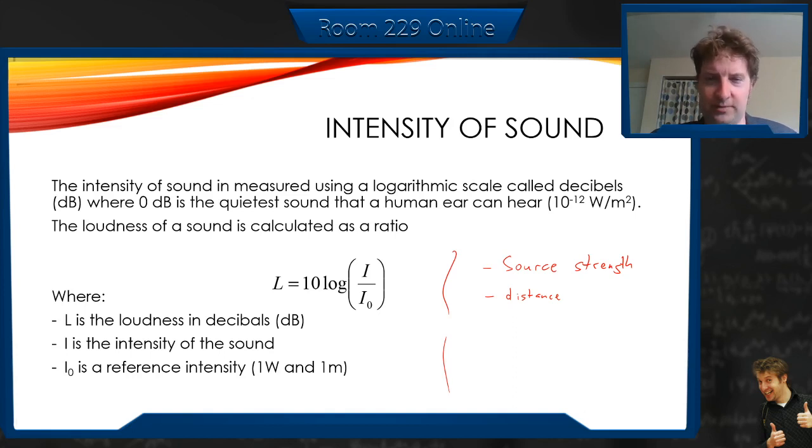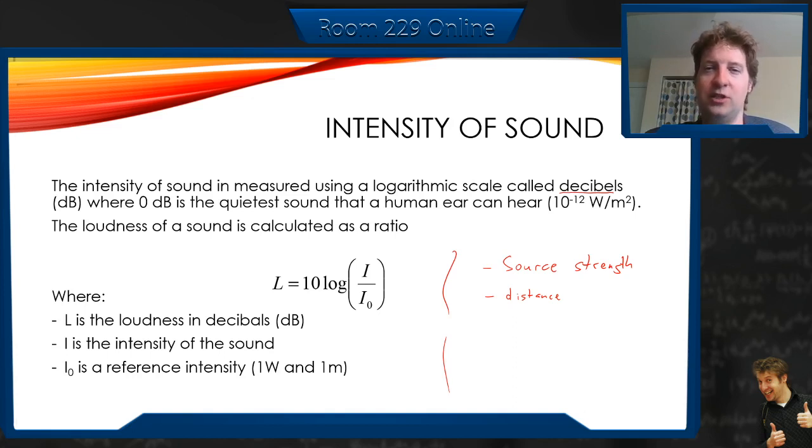We're not going to worry too much about these things, but we're going to talk about a way that we can measure that. The reason we use something called decibels is because we can use it as a logarithmic scale. You've probably heard about these before, but you've never actually dealt with them.